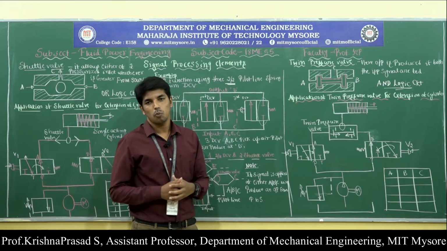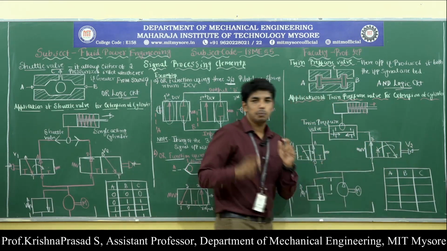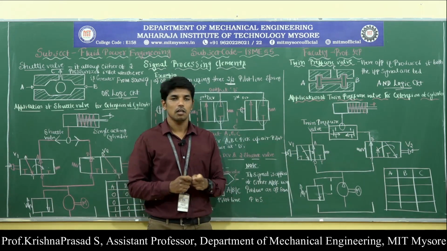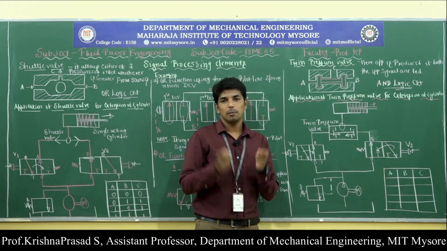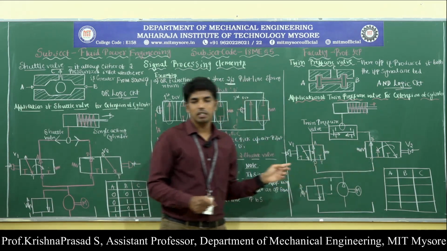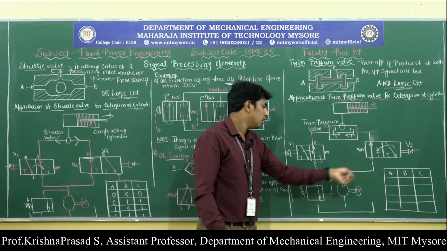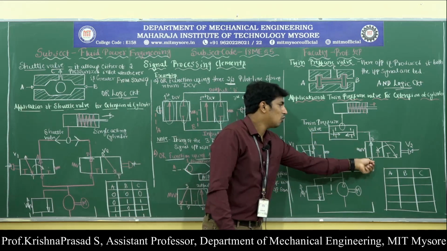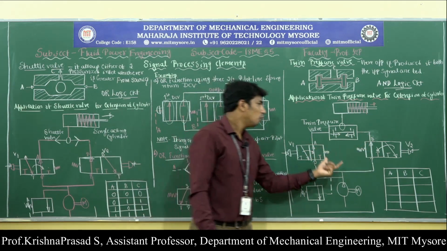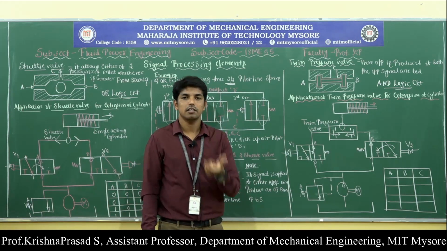Now if both the push buttons are pressed simultaneously, or pressed together, then both the valves are actuated, and compressed air will flow from inlet port P to the outlet port A as well as outlet port B. Now this spool is exactly settled somewhere at the center.